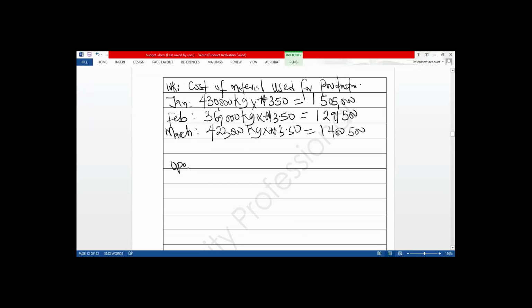My opening stock value. I have 22,000 units. Then the cost is, look at the cost. Direct material cost 7 naira. Direct wages 6 naira.